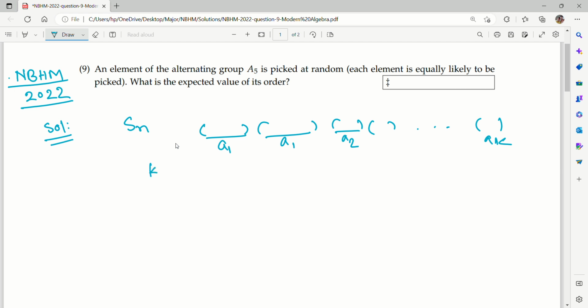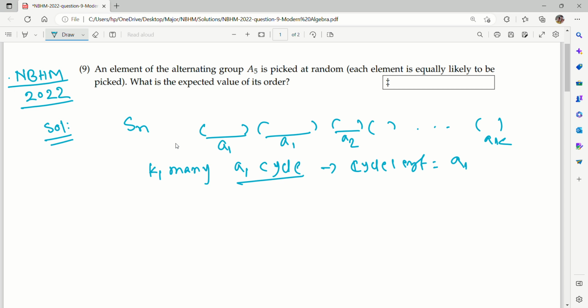Suppose we have k1 many cycles of length a1. We know that two elements in Sn are conjugate to each other if and only if they have the same cycle type.